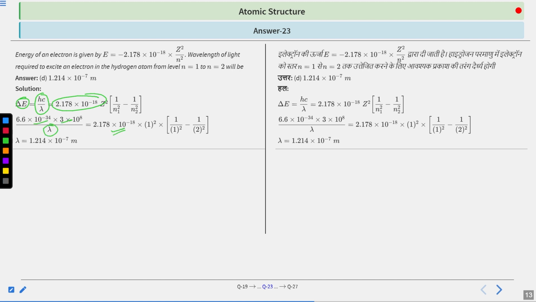You have to do the transition from 1 to 2, and since it is for the hydrogen atom, Z is equal to 1. This will give you a lambda value of 1.214 × 10^-7 meter. So this is your correct option, option D. Clear? Now moving on to the next question.